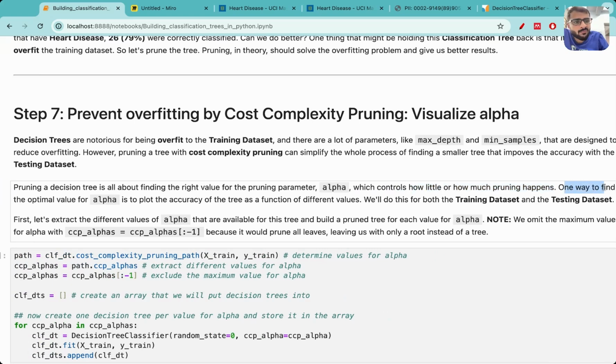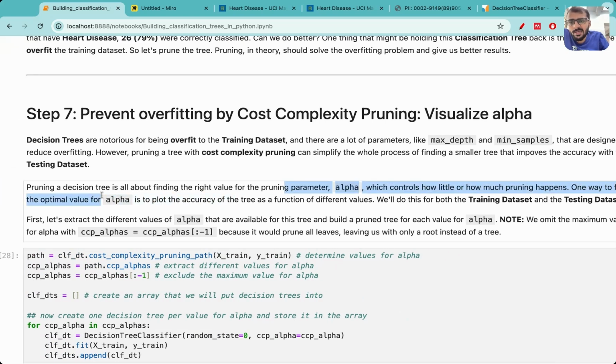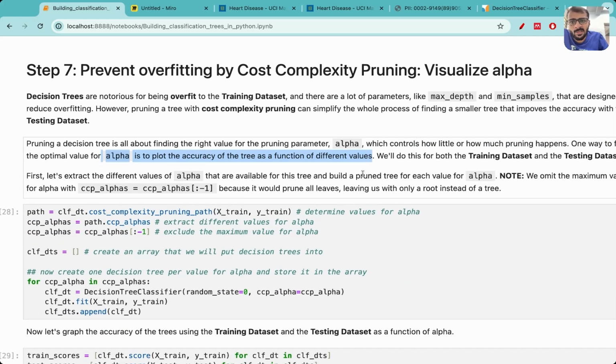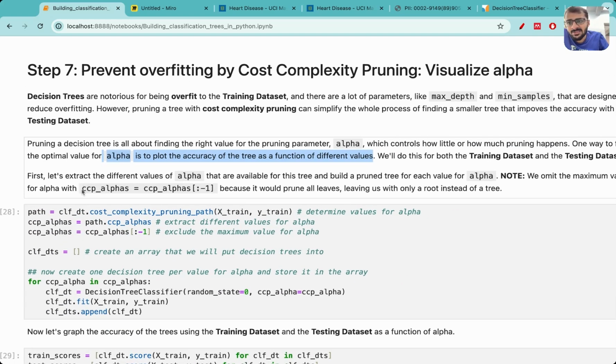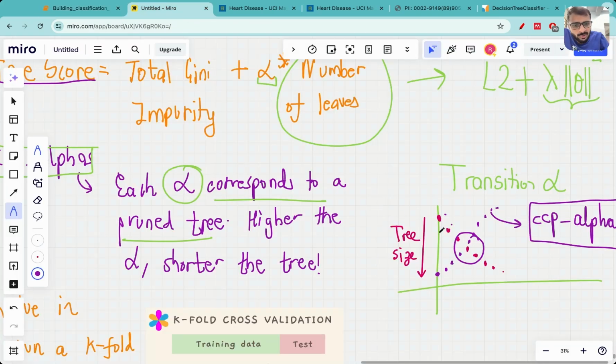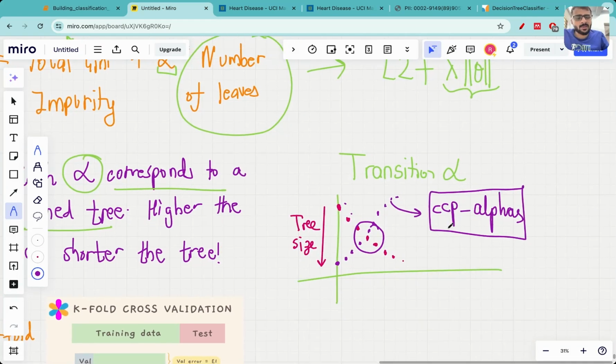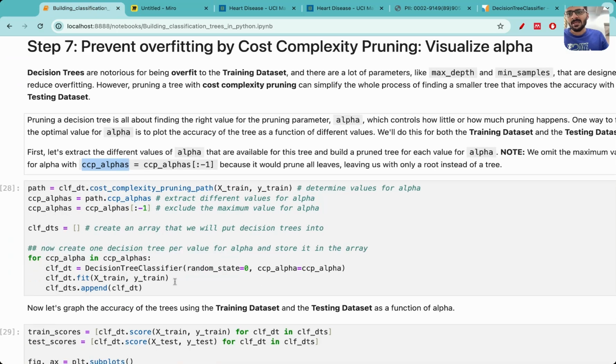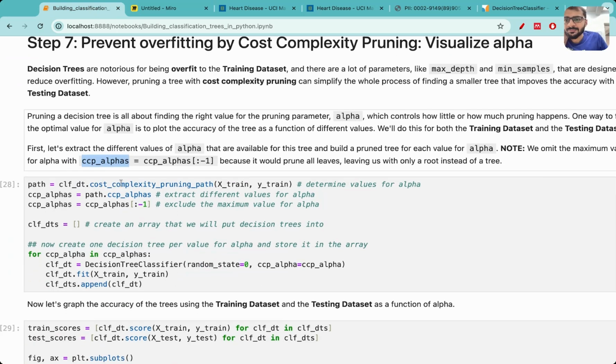One way to find the optimal value of alpha is to plot the accuracy of the tree as a function of different values, as we are going to do here. These transition alphas, as I mentioned, are called CCP alphas, or cost complexity pruning alphas. First we need to find these CCP alphas, and then we need to find the testing accuracy for each of these alphas. So let's go about doing that.